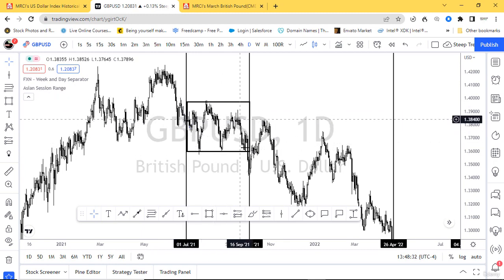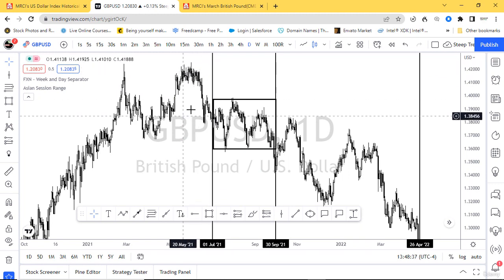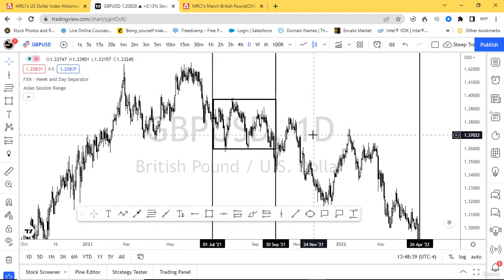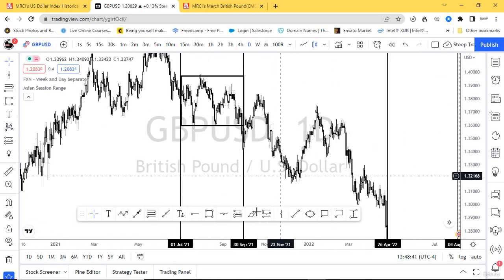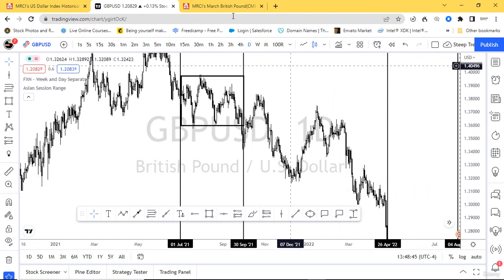Again, smaller. Those are some highs set up in that quarter, and it's set up for a selling model later on between September and December.